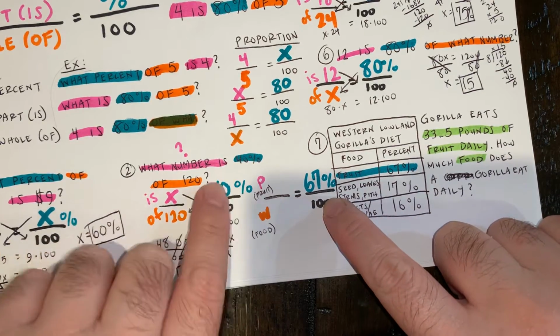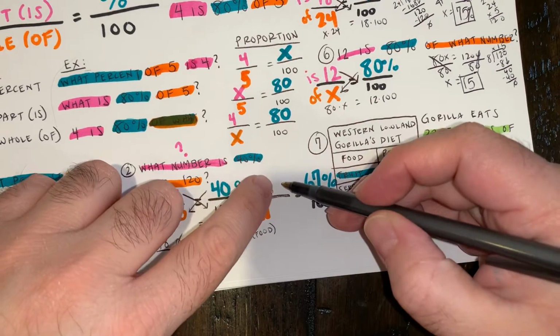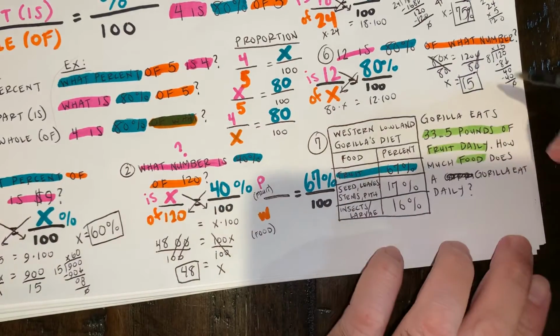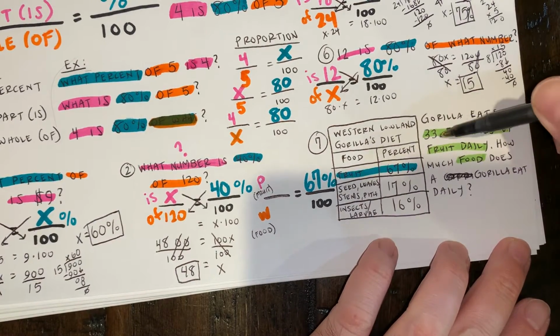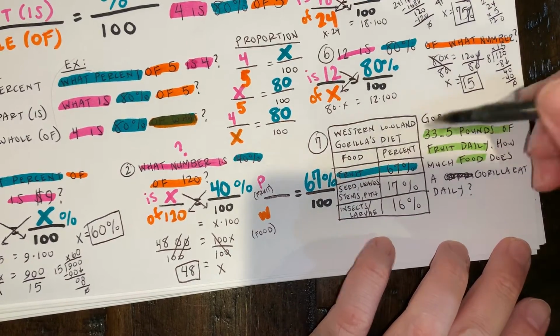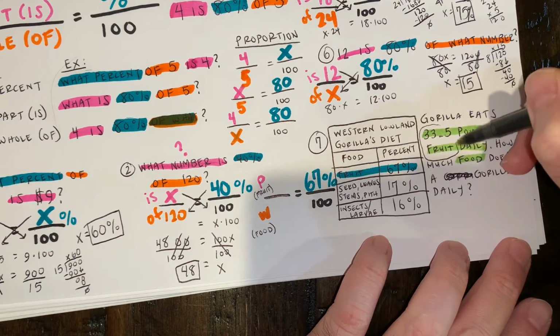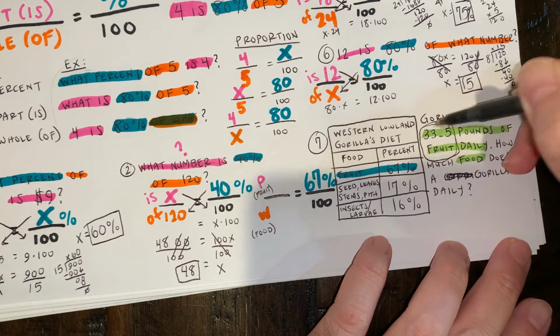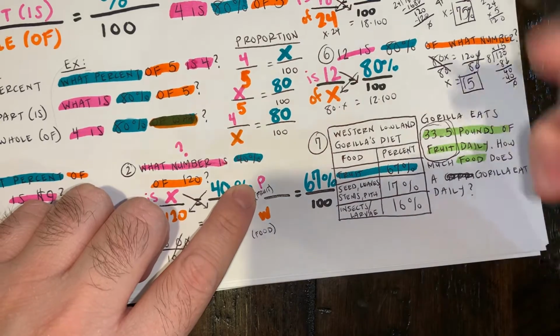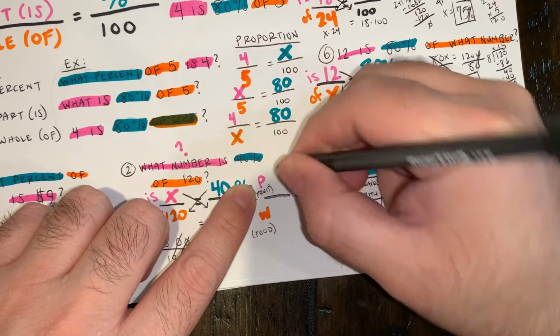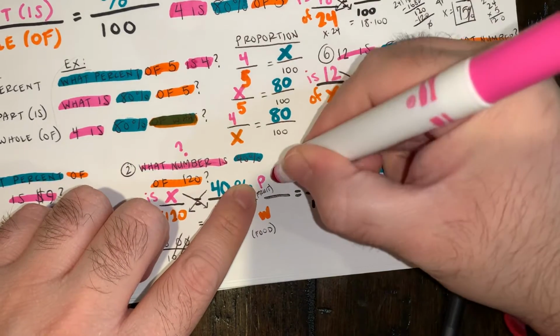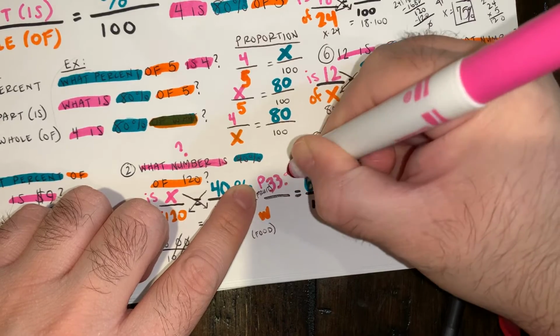So now that we know that fruits go on top and food goes on the bottom, we can do the rest. A gorilla eats 33.5 pounds of fruit. That is a fruit number. Fruit is part, so the number should go up here: 33.5.